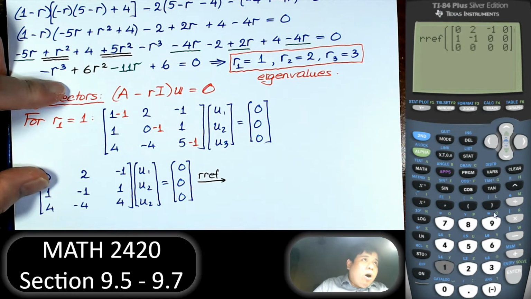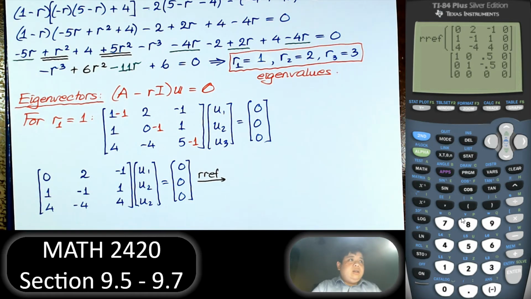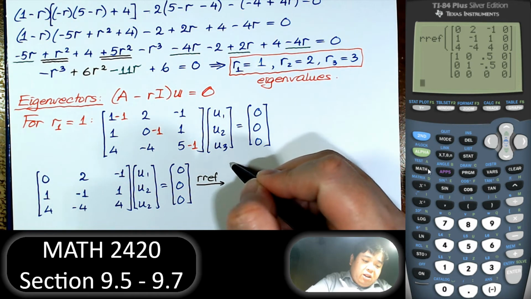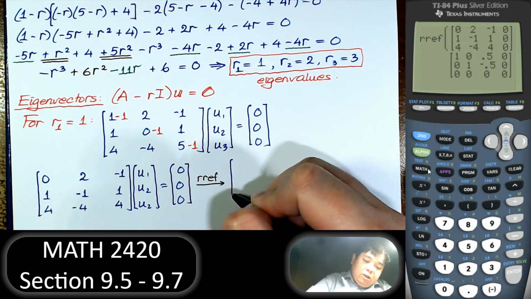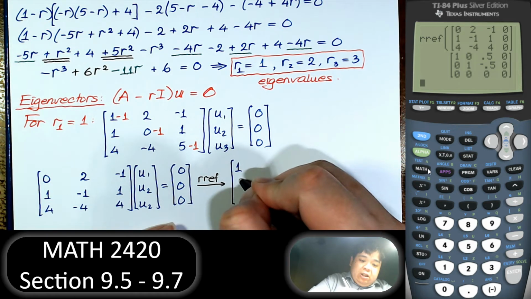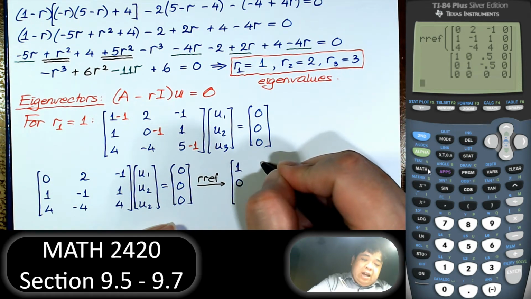I didn't enter 1. Right. 4, negative 4, and 4. We can just keep this 0.5. That's perfectly fine there. So if we do it correctly, we should have a row of 0 at the bottom.